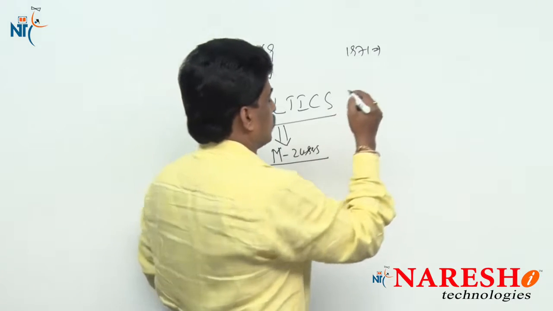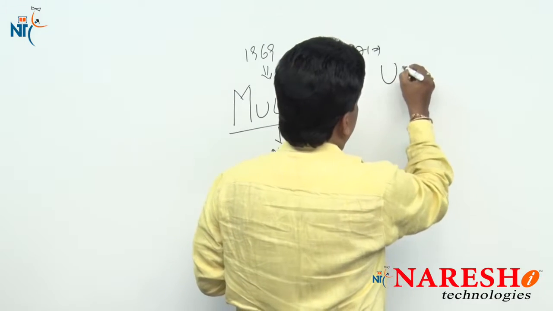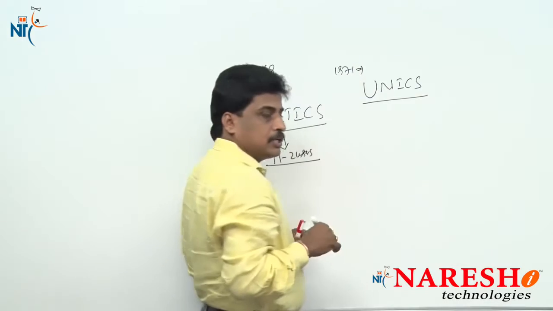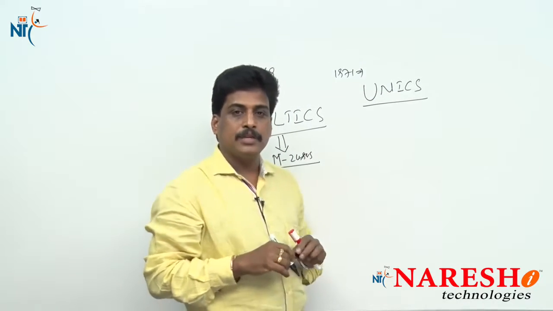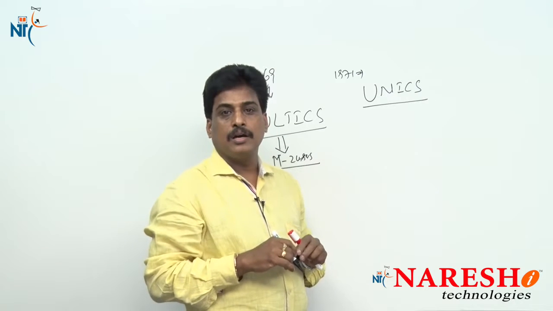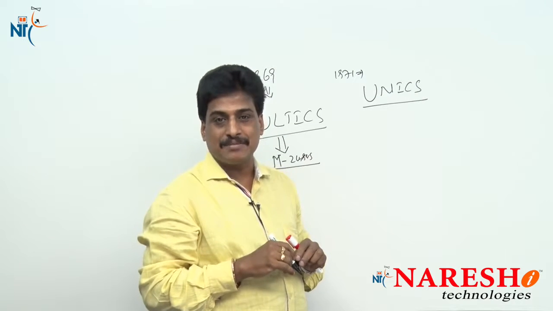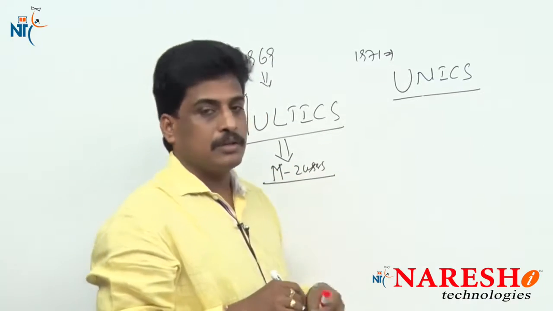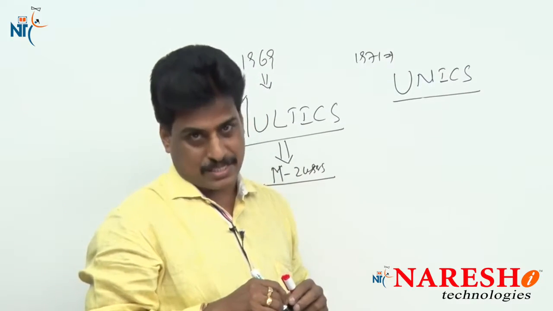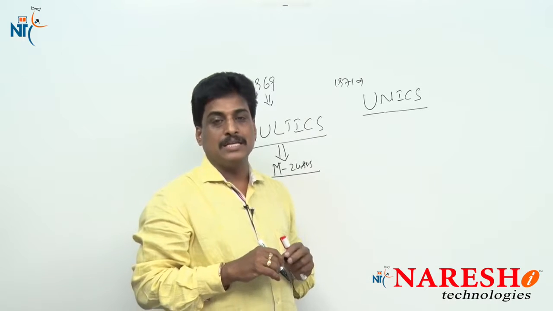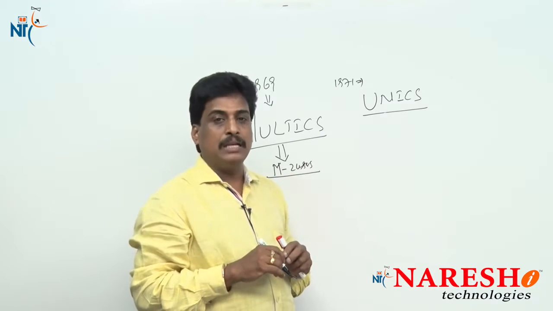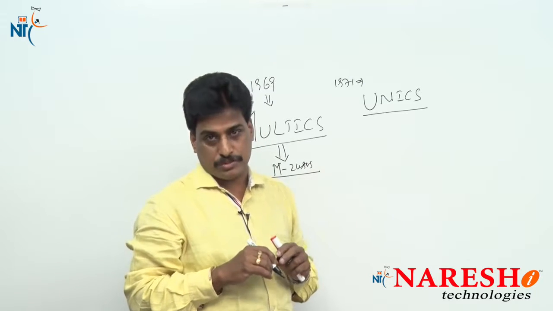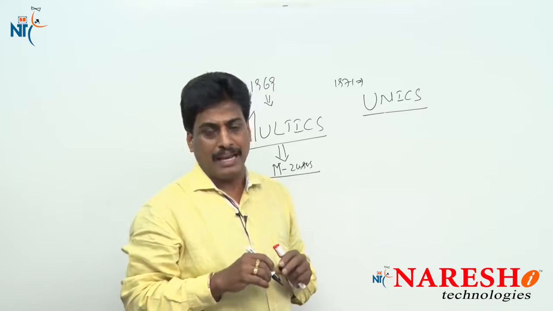The new project name is called UNICS, Uniplexed Information Computing Systems. Uniplexed Information Computing Systems was developed in assembly language. Assembly language's alias name is symbolic language. Generally people call it a low level language.